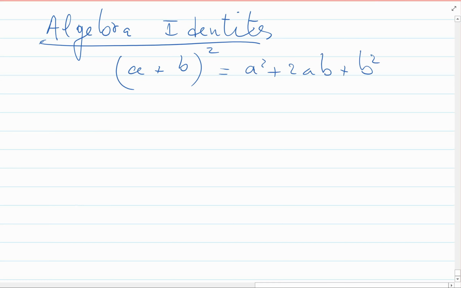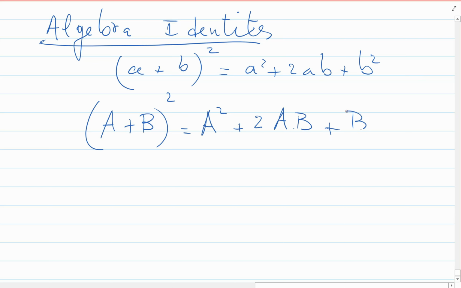That we grew up with. So what happens for matrices? What happens if I take (A plus B) squared? We are tempted to have A squared plus 2AB plus B squared. So that's the question.